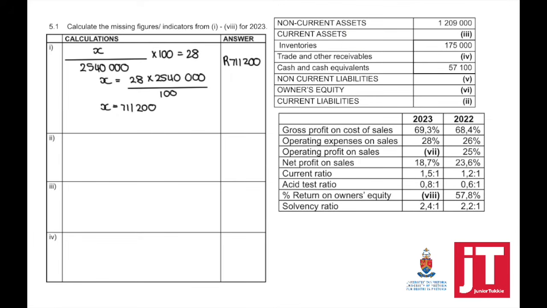I don't know what my current assets are, so I can't use the current ratio. I cannot use the assets ratio because I don't know my trade and other receivables. You've got two options to use the assets ratio: current assets minus inventories, or trade and other receivables plus cash and cash equivalents. So I cannot use that.